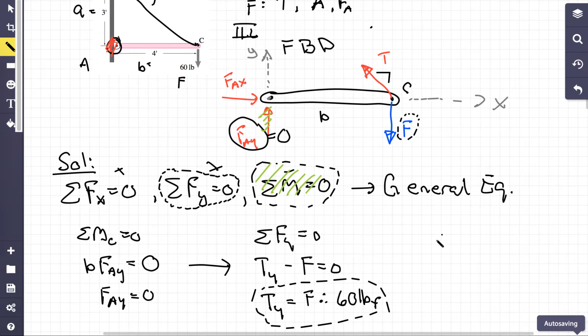But if we want to break this up into components, here's one thing we can do. We have another little drawing here.